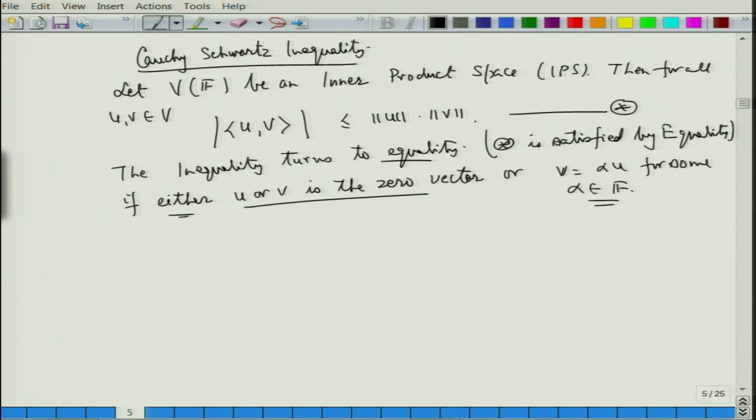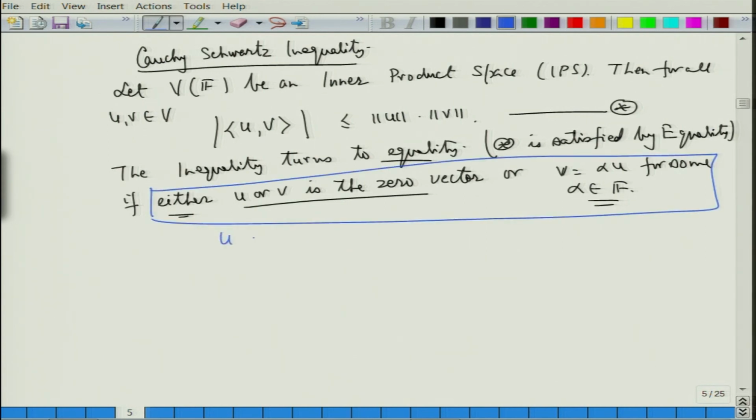So, if you look at it, either u or v is the zero vector or v equals alpha u, I can combine them together and say that u and v are linearly dependent, all right.